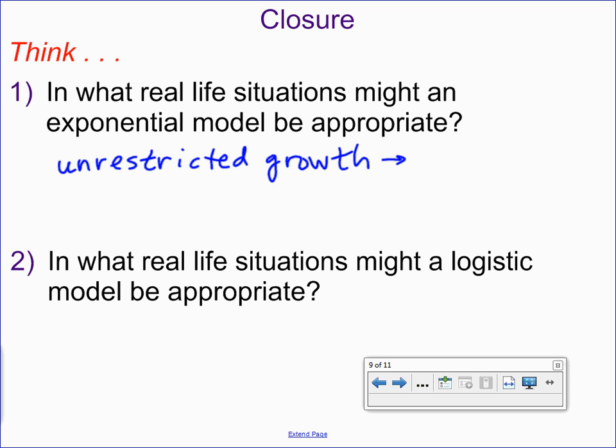So unrestricted growth might be the early stages of population growth, before we run into any sort of limitations on resources or space. Other real-world situations where an exponential model would be appropriate?